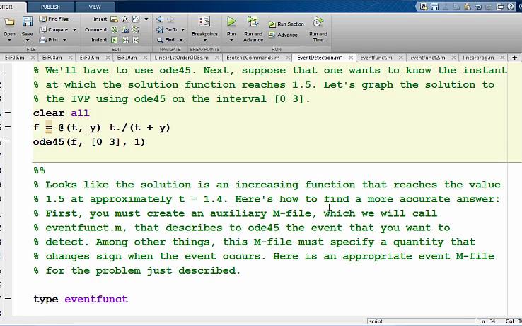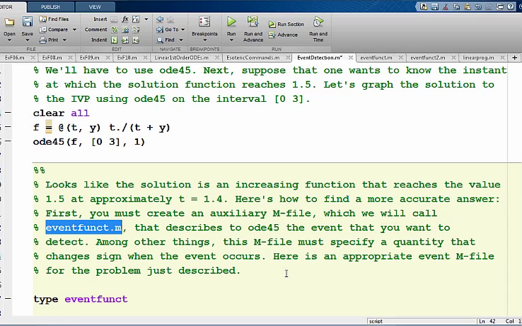So the way to do that, to obtain a more accurate answer, that is the moment at which y is 1.5, which we've estimated is about t equal 1.4, you have to create a so-called auxiliary m file, which we are going to call EventDetection.m, that describes to ODE45 the event that you want to detect.